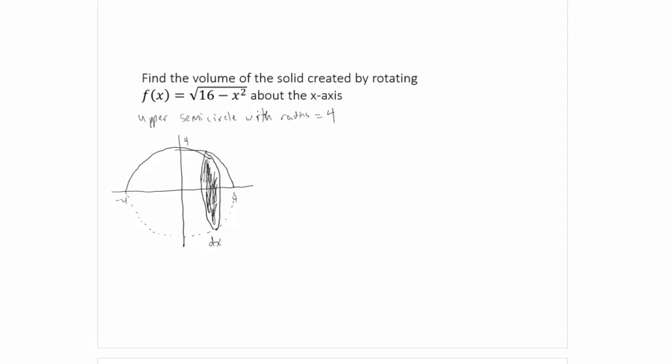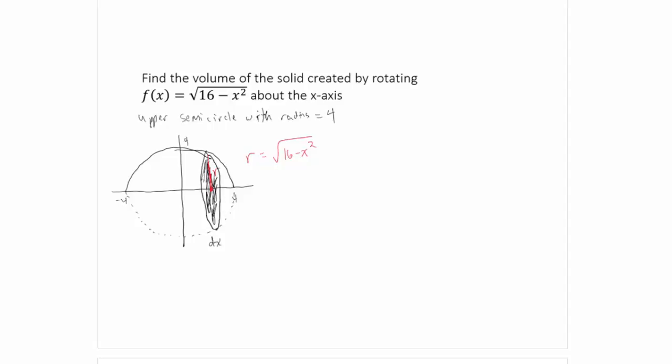And the radius of this disk is now not 4. The radius is the square root of 16 minus x squared. The radius changes depending on what x value I'm looking at. And again, I'm talking about the radius of that disk, not the radius of the semicircle that I've drawn.